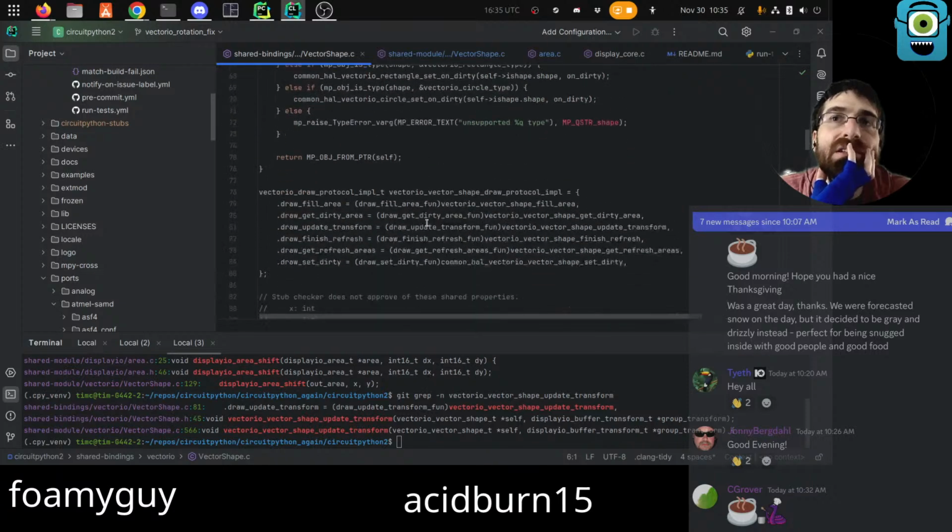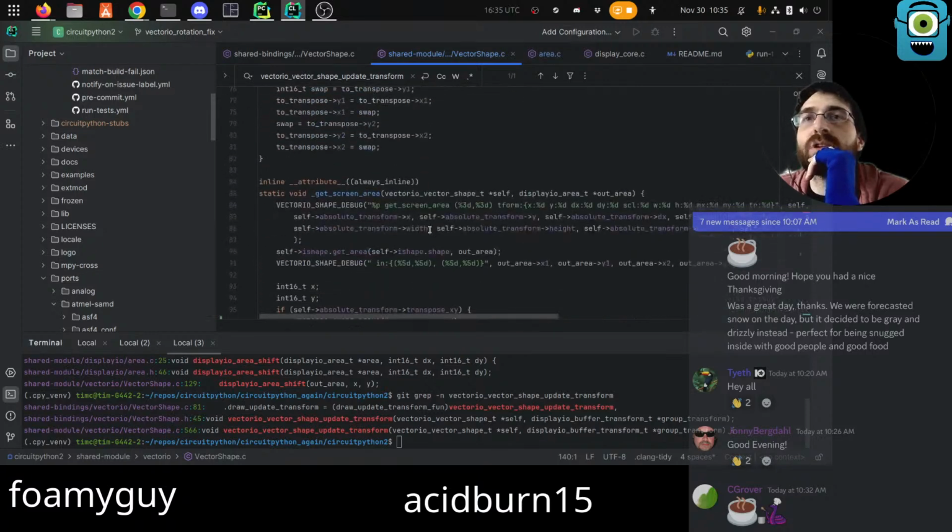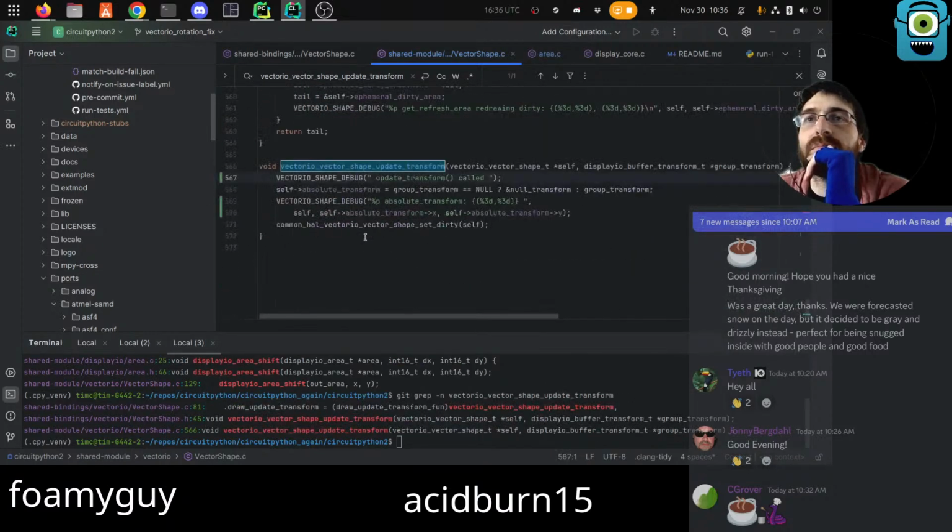I have no idea who's calling that. I guess display IO core, maybe? I have no idea who's calling update transform. And therefore, I have no idea where group transform comes from. Because group transform gets passed to here, and ultimately is the thing that gets set into absolute transform. So group transform is where the x equaling 320 comes from.